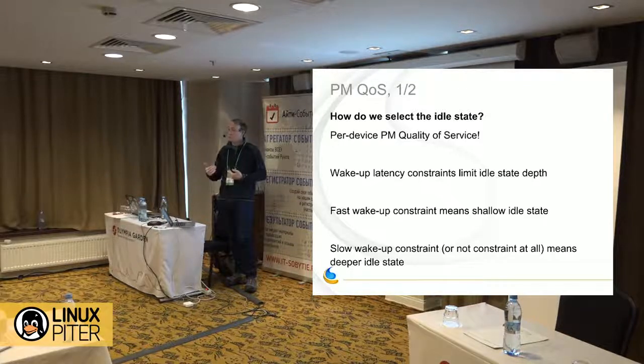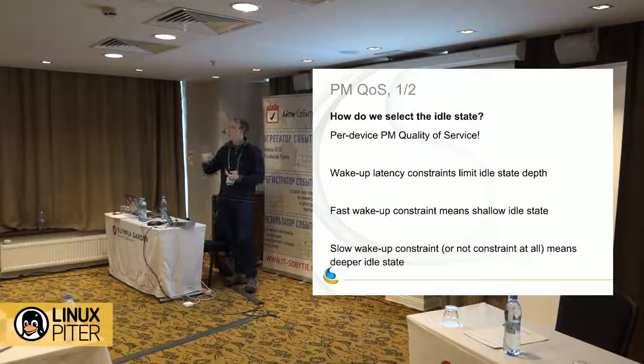So if you know that you need this device to become available in a very short amount of time, let's say some milliseconds, then you can place a constraint against that, and that constraint will go through PMQoS, filter down through the generic power domain subsystem, and for your particular hardware, go into the driver and say, oh, okay, for this device, given this constraint, you can't go all the way off and power clamp.